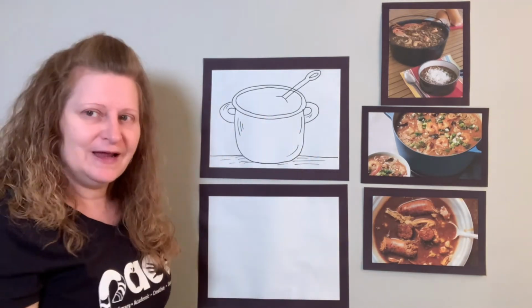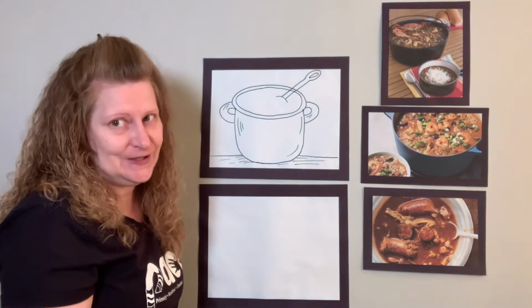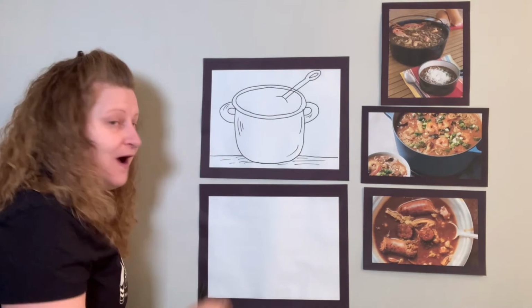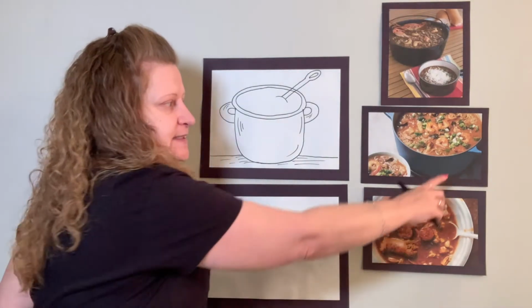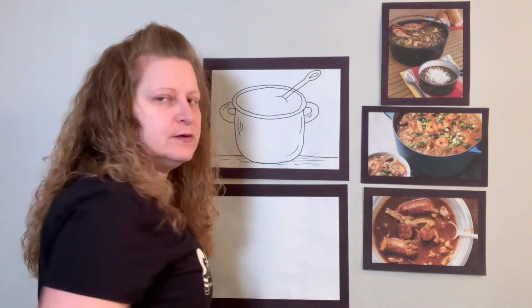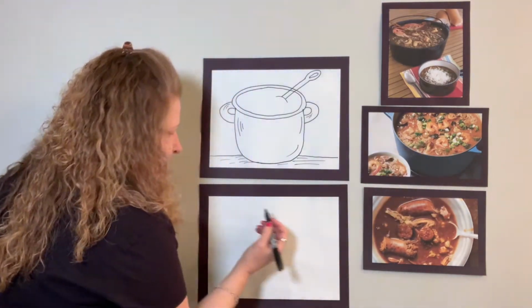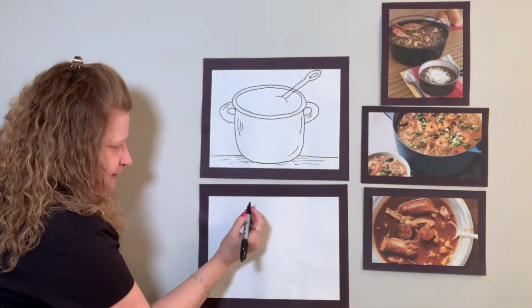And now we're ready to add the fun ingredients to our gumbo. I'm going to start first with something that I see in this picture. These are little green pieces of onion. So I'm going to draw it down here for you to see.